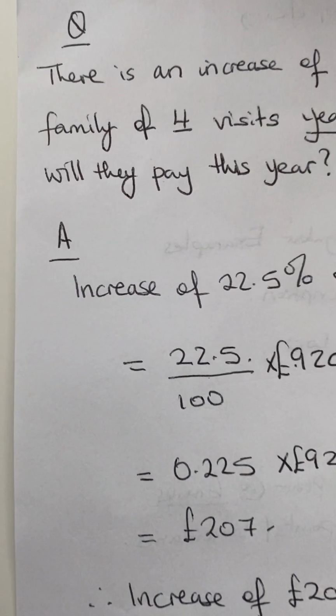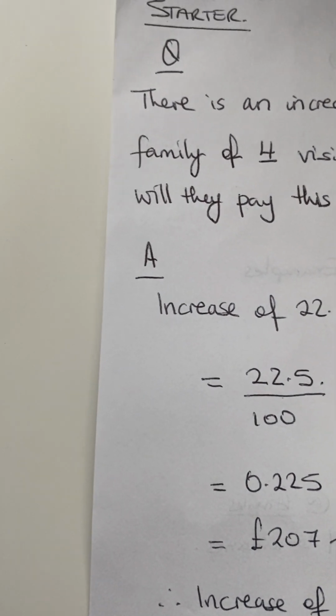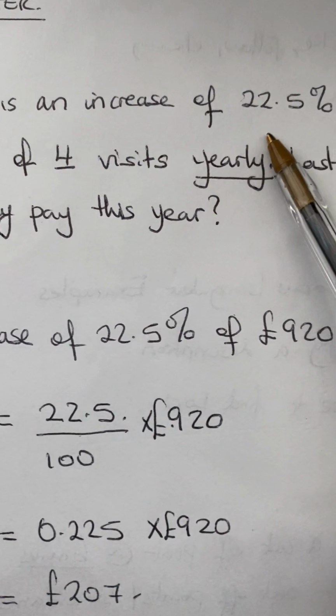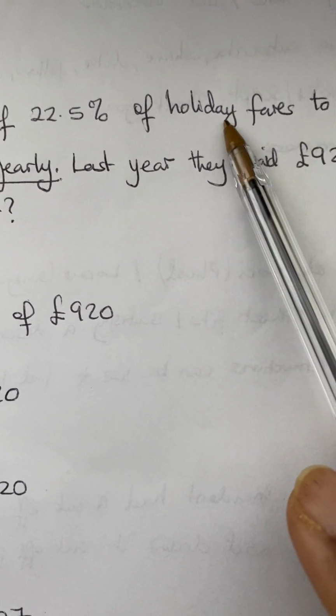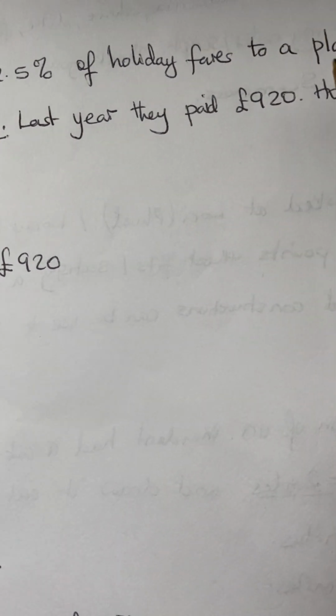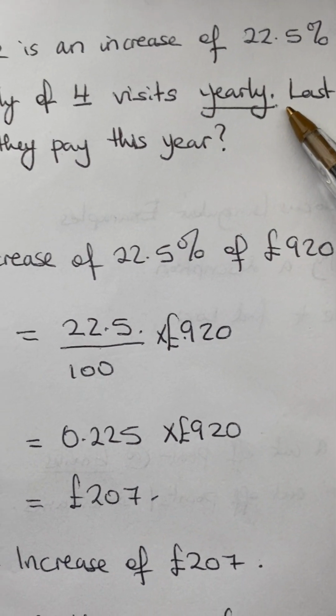Now today our starter is something we've done, but we just want to revise. There is an increase of 22.5% of holiday fares to a place a family of 4 visits yearly.